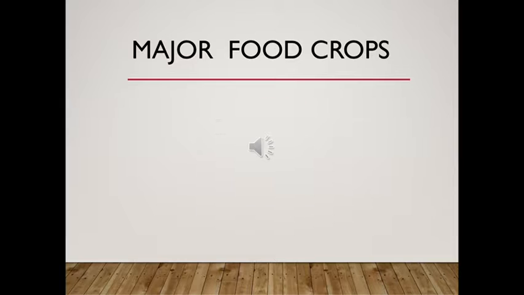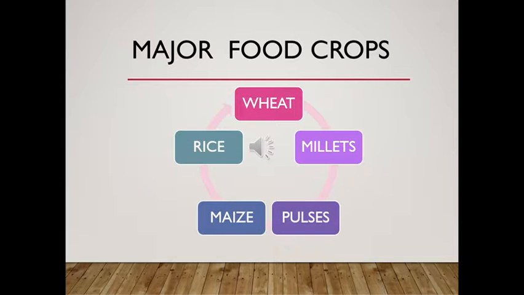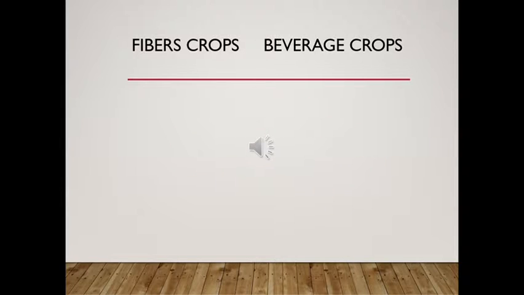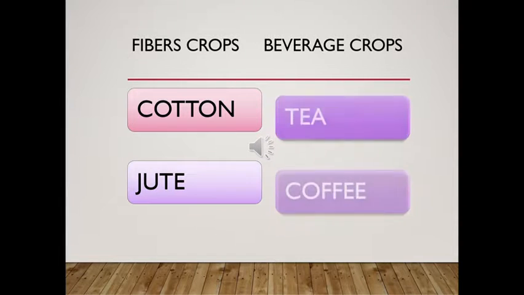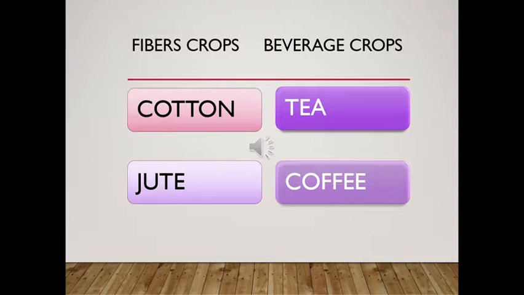Major food crops are wheat, rice, maize, millets and pulses. Major fiber crops are cotton and jute. Major beverage crops are tea and coffee.